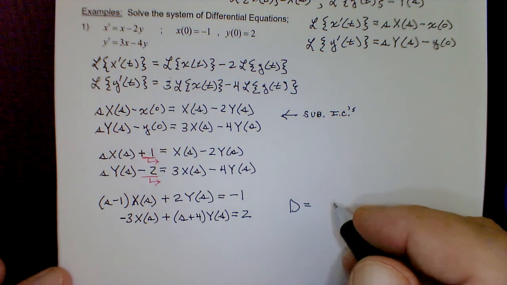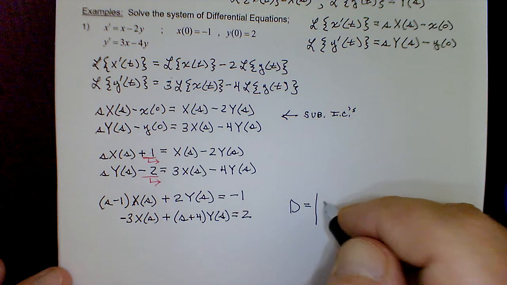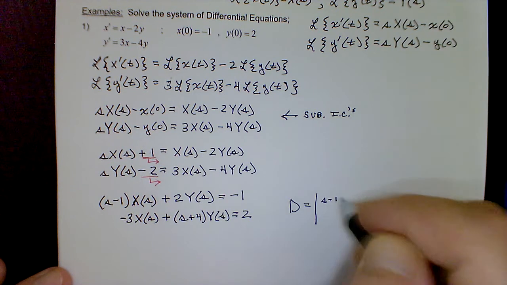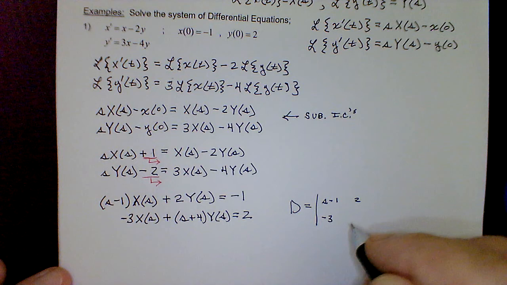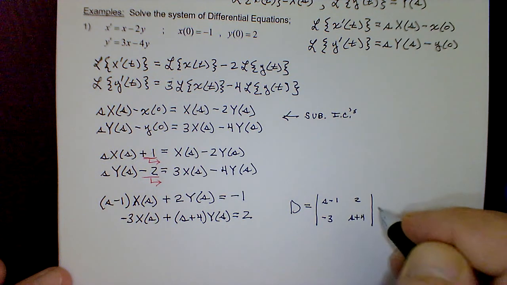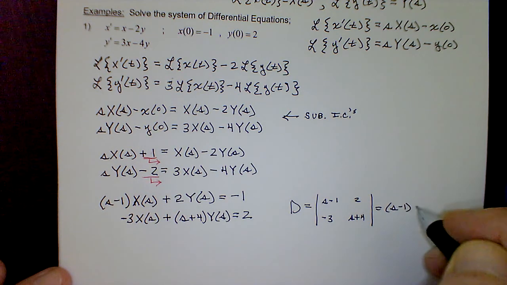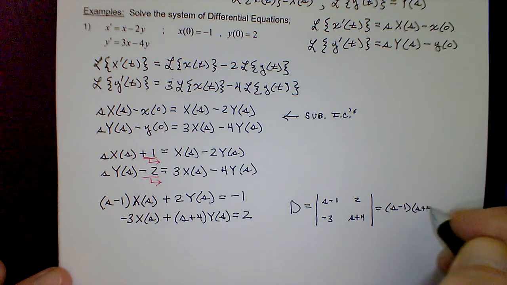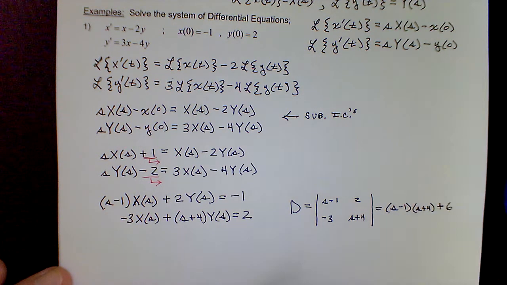That would be the coefficients: s minus 1, negative 3, 2, and s plus 4. So that gives s minus 1 times s plus 4, and then minus a negative 6, so more efficiently, plus 6.